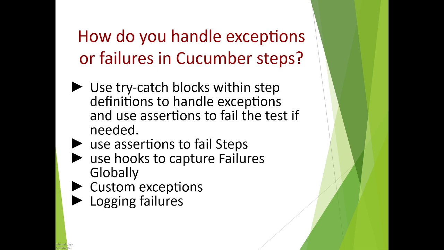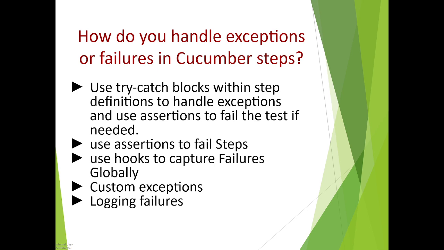And once the exception comes, you can take a screenshot of the failed screen. Then, use hooks to capture failure globally. You can use Cucumber @After hooks to execute logic only if the scenario failed.